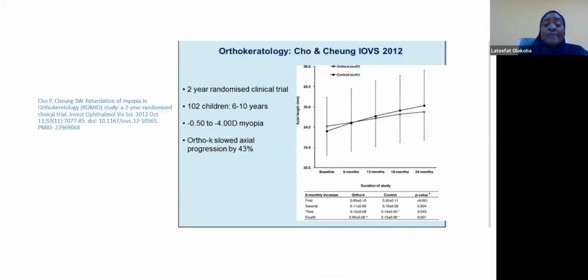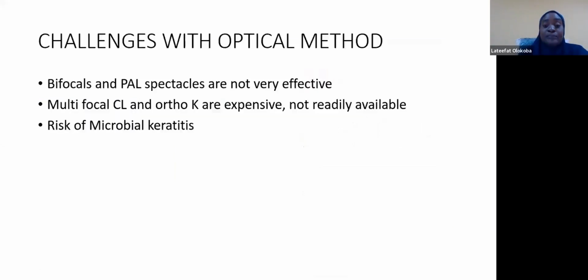A randomized clinical trial done by Cho and Chung compared the effects of the auto-K lenses with the conventional single vision lenses and reported a significant reduction in axial length growth by as much as 43% in the group of children that were given the auto-K lenses.